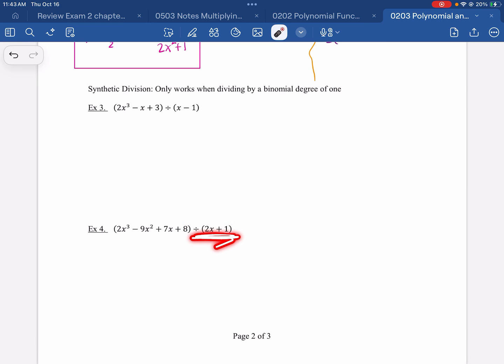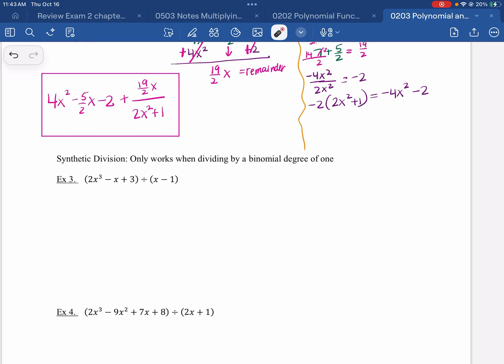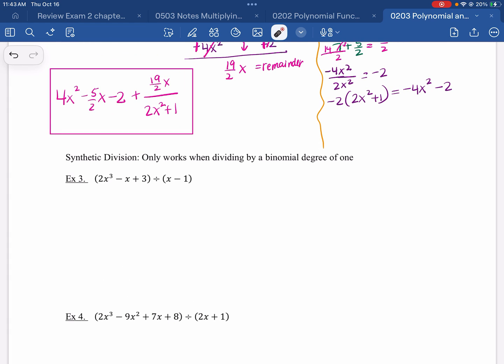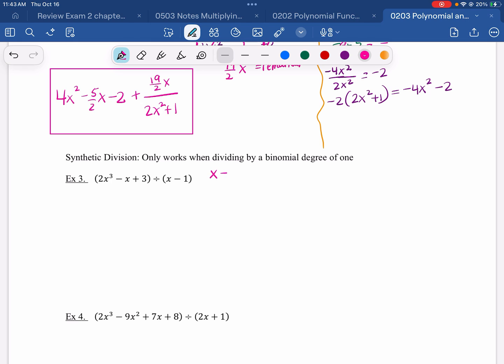This one's trickier than this one. There are different ways to do it. I take my x minus 1, what I'm dividing by, set it equal to 0, and I get x equals 1. I put 1 in a box, where some people draw this and do a 1 here.